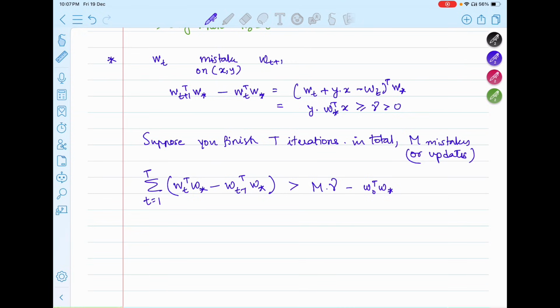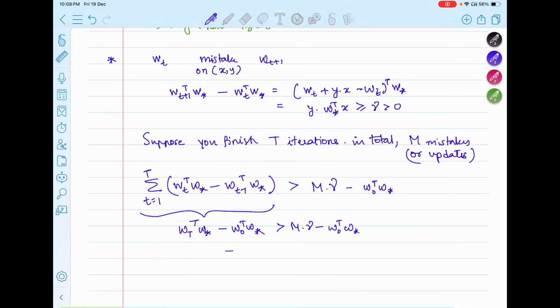But what is this term? You can see that this actually cancels out, and what remains is W capital T transpose W star minus W naught transpose W star, and that is bigger than M times gamma minus W0 transpose W star.